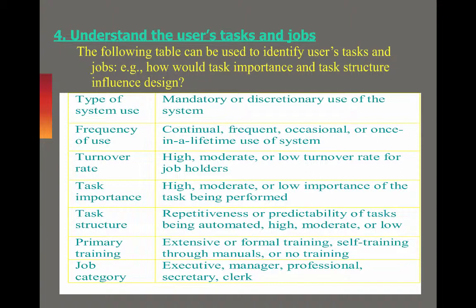Perhaps the frequently supported tasks through the website should be more prominent or a lot more easily accessible. Then there is how important tasks are. The important tasks should be a lot more accessible on a website than less important tasks. And we'll talk a bit more about how you might structure the website to reflect task structure.